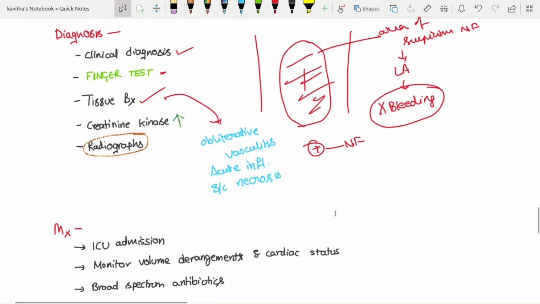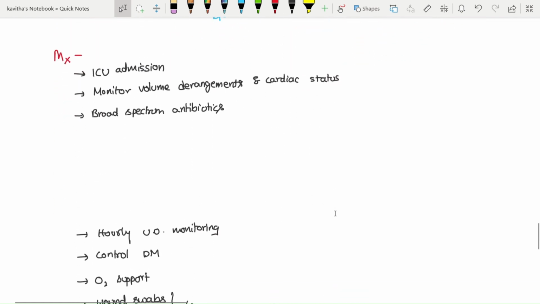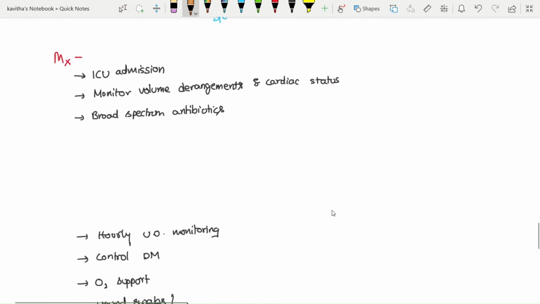Next, coming to the management of a patient with necrotizing fasciitis. First, you should admit the patient in critical care or intensive care unit. Then you should monitor the volume derangements and cardiac status. And you have to start on broad spectrum antibiotics like third generation cephalosporins and metronidazole.